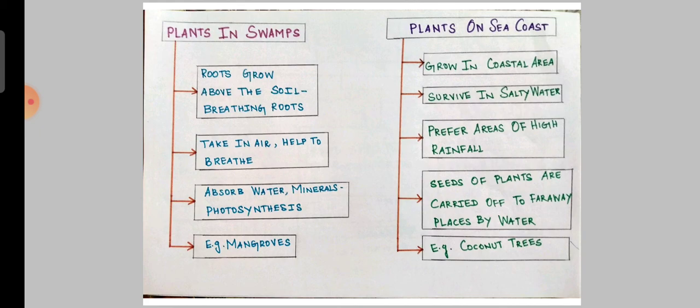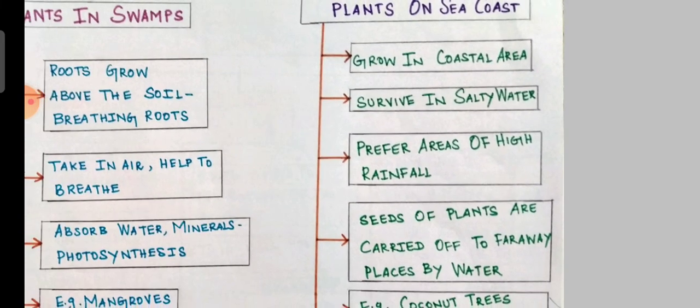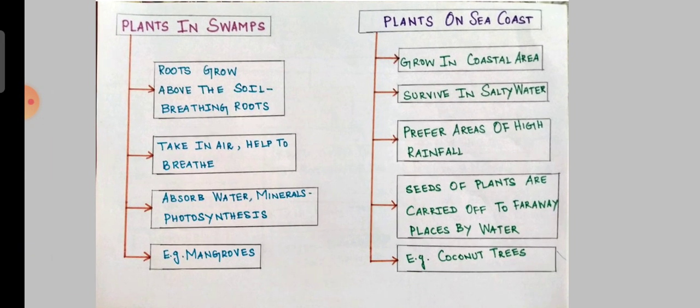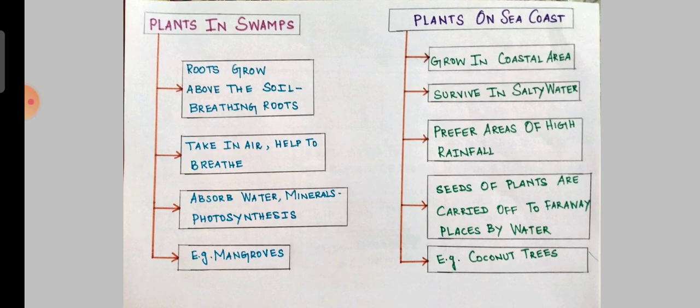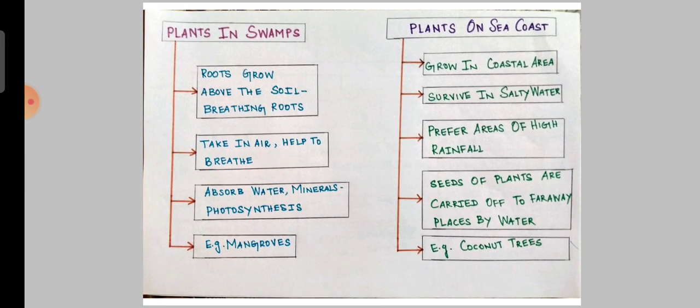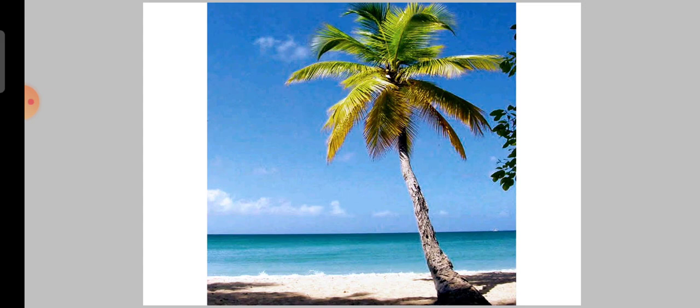These plants grow in coastal areas and can survive in salty water and prefer areas of high rainfall. Seeds of these plants are carried off to faraway places with the help of water. Example: coconut trees. This is an image of a coconut tree.